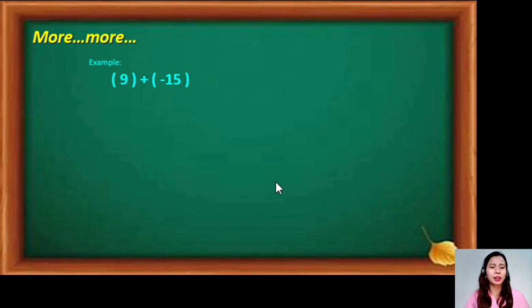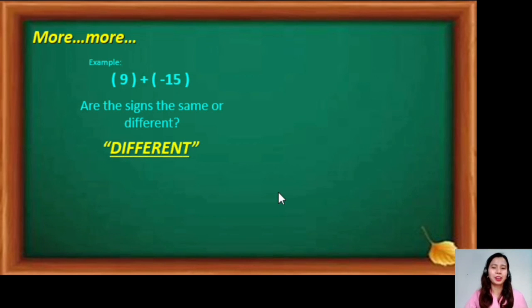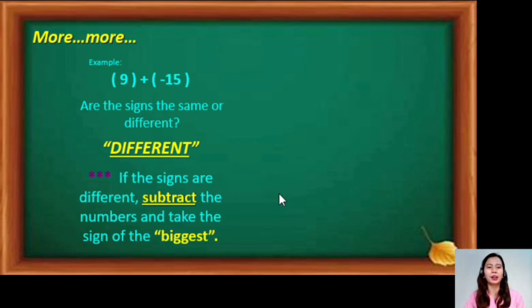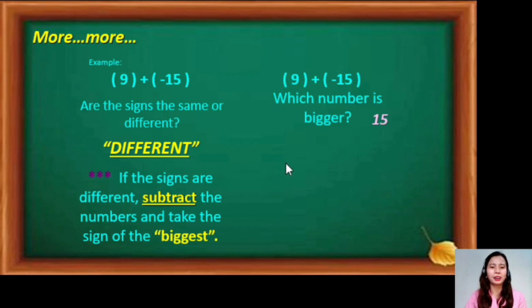Next, another example. 9 plus negative 15. Are the signs the same or different? Okay, different. If that is different, anong gagawin? Very good, i-subtract. Then, take the sign of the biggest. Which is greater, 15 or 9? Okay, great, that is 15. What is the sign of 15?